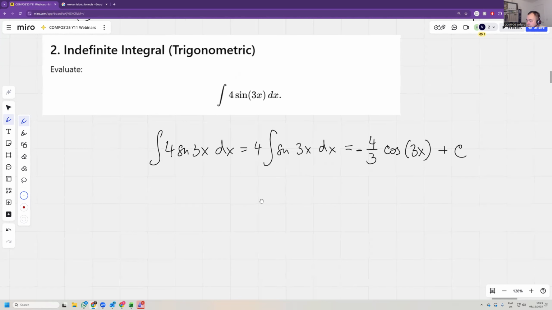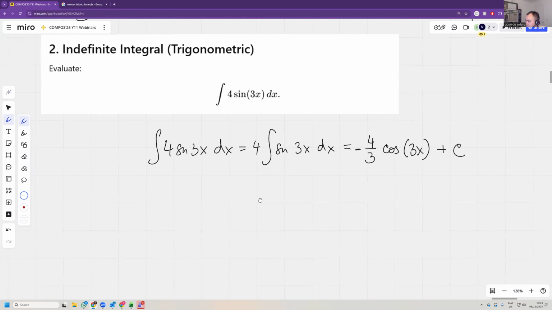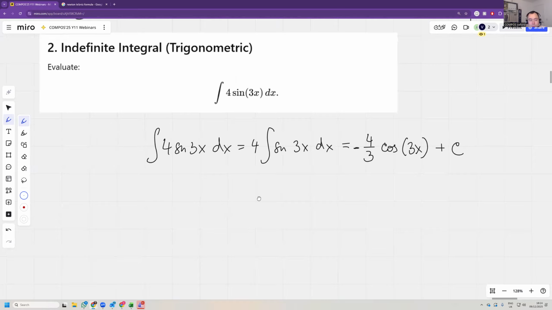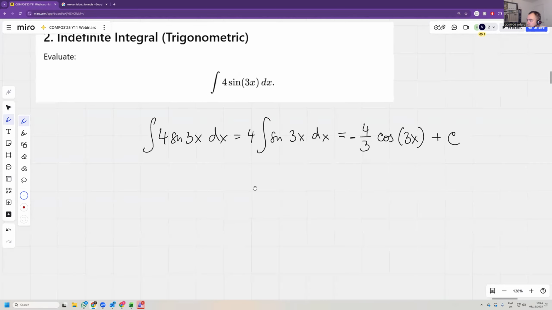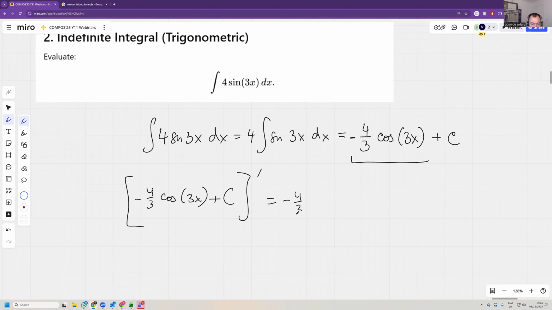Is that a 0 or a 10? Okay. So the thing is, if you find the derivative of minus 4/3 cosine 3x plus c, it's going to be minus 4/3, and then use the chain rule here.